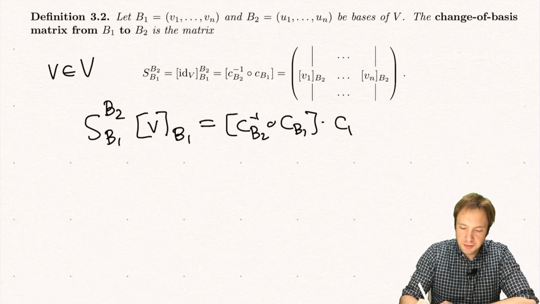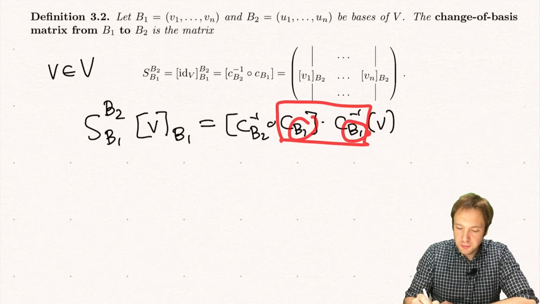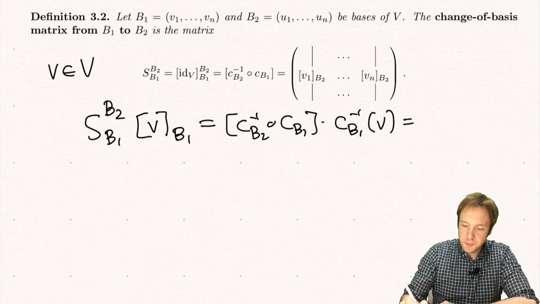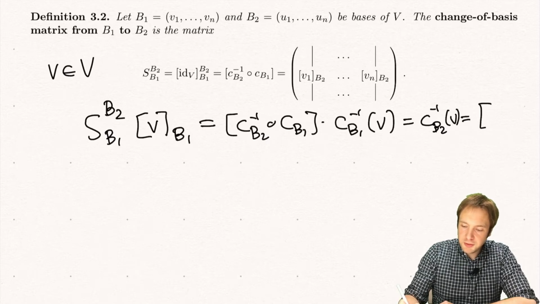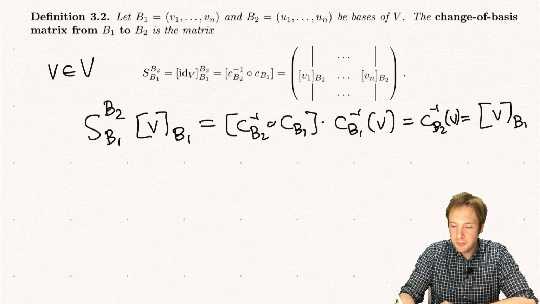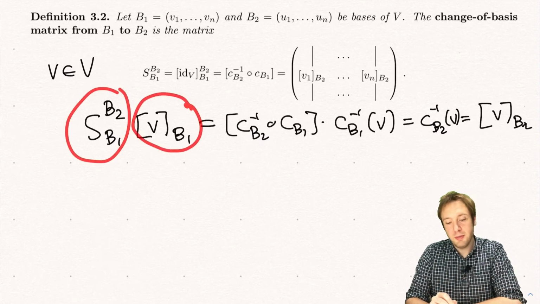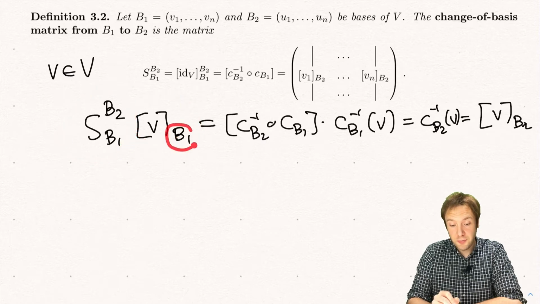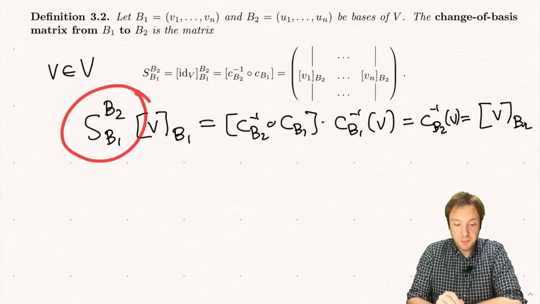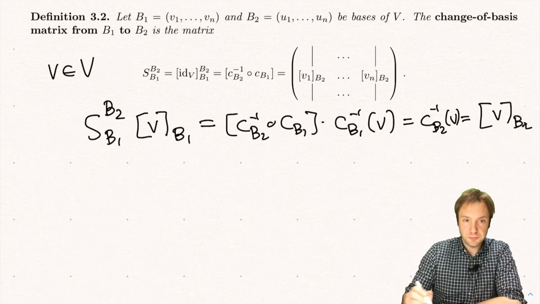This was just C_B1 inverse of v. And here we apply C_B1 to C_B1 inverse. So what we get is C_B2 inverse of v. So this is just the coordinate vector of v with respect to the basis B2. So if I know the change of basis matrix and I know how to write my element in V in terms of the basis B1, then multiplying with this matrix will tell me how I can write this element in the basis B2.